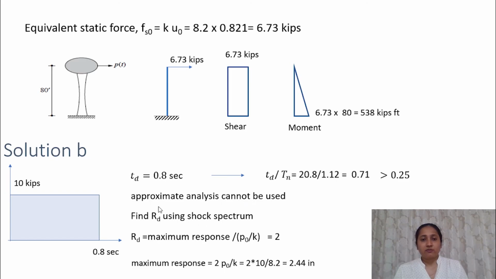We have to find the deformation response factor using the shock spectrum, because we have calculated the value of RD for different values of Td by Tn. We found that expression, so we can use that shock spectrum and find the maximum response.